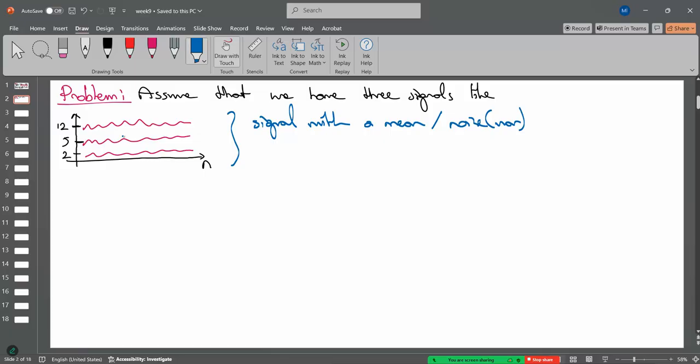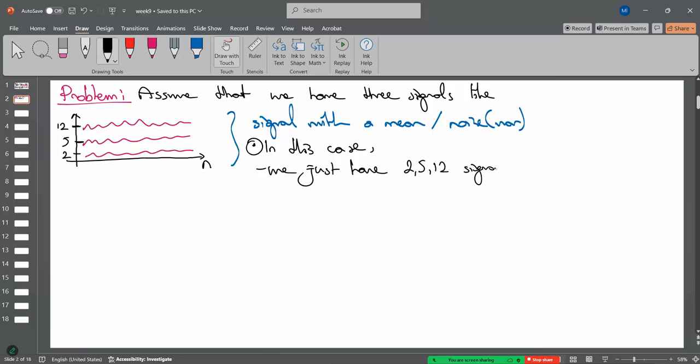Okay, and so the main part of this signal is related to what? First of all, the 12 or 5 or 2. The other parts are considered as the noise. Okay, and so in this case we just have 2, 5 and 12 signals with the mean rate.